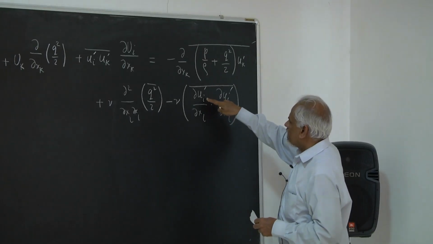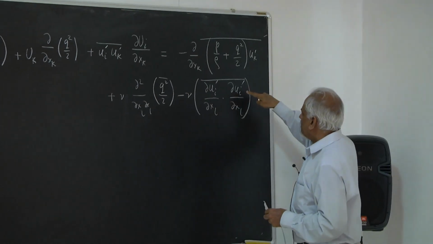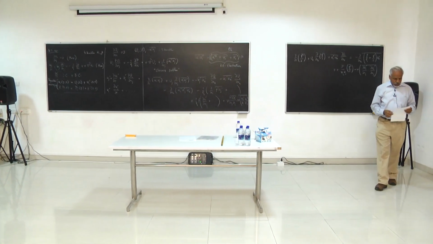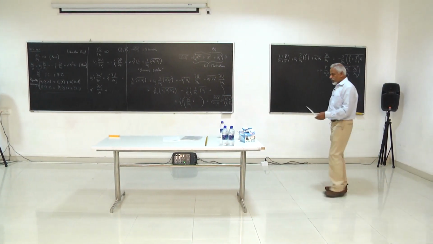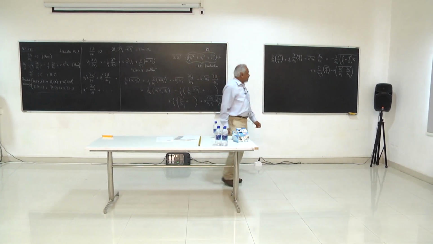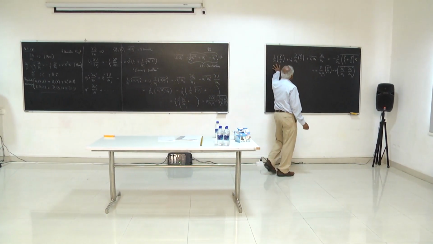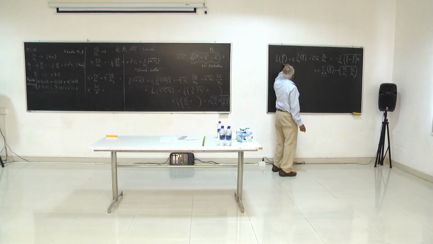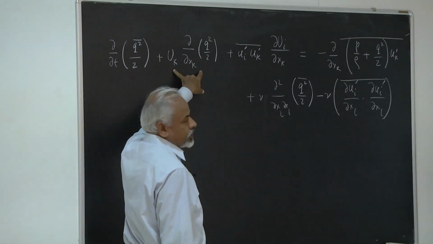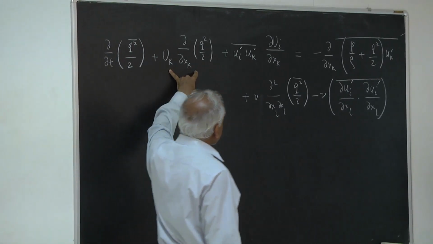This would be du1/dx1, du1/dx1, then I have to keep repeating these indices. So now it's sort of interesting to interpret this. I have a rate of change of kinetic energy of the fluctuations, and this is the time rate, and this is the change due to advection.